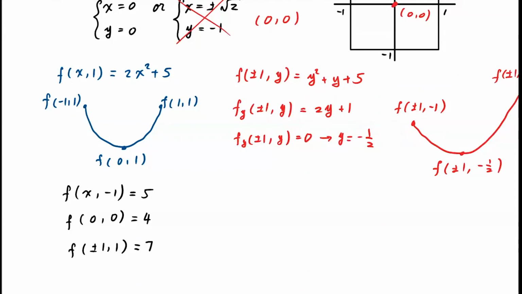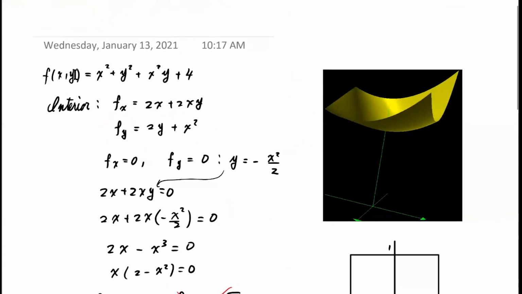Okay, now I'm gonna put f of, now the other point, well, I'm gonna calculate this now, right? So f of 0, 1. If I put f of 0, 1, x is equal to 0, y becomes 1, so that's 5, right?